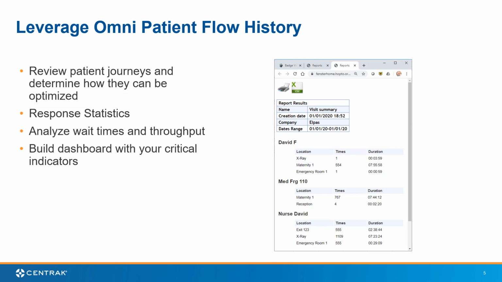I can see where I've got my bottlenecks by looking at the density of my tags at any given time. I can analyze the wait times. Where do I have wait times that are too lengthy? And I can also build a dashboard of critical indicators from this historical data so that you can optimize your processes.